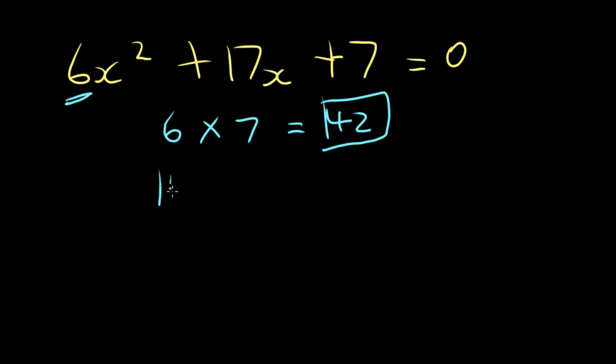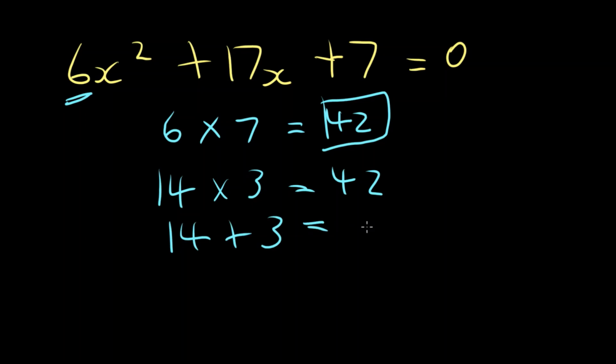So 14 times 3 equals 42. 14 plus 3 equals 42. No, it doesn't. What am I talking about? 14 plus 3 equals 17, which is what we wanted. So that's correct. Rewrite the initial term.